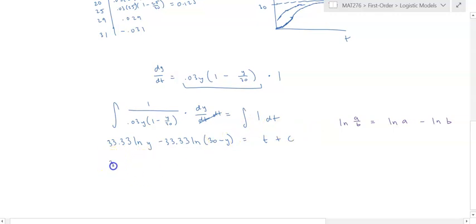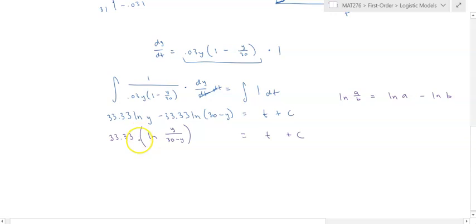But before I do that, I'd actually have to pull out this 33.33 because that doesn't account for any coefficients here. And then I'd have ln y minus ln 30 over y, which I could write as ln of y over 30 minus y. I guess I don't really even need the parentheses there, but I'll leave them. Equals t plus c. And now I can divide my 33.33 over and exponentiate both sides.